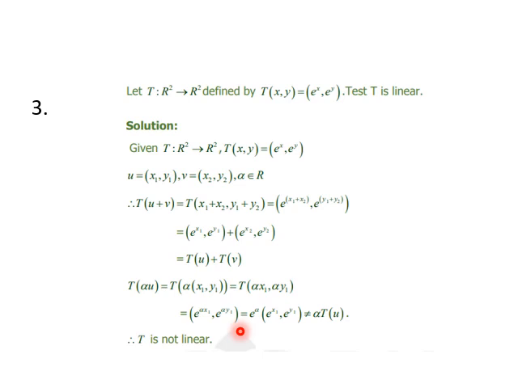This is not equal to alpha times T(u). Alpha, you can't take outside as common. So it can't be written as alpha times T(u). Therefore T(alpha u) is not equal to alpha Tu. Hence, your T is not linear.